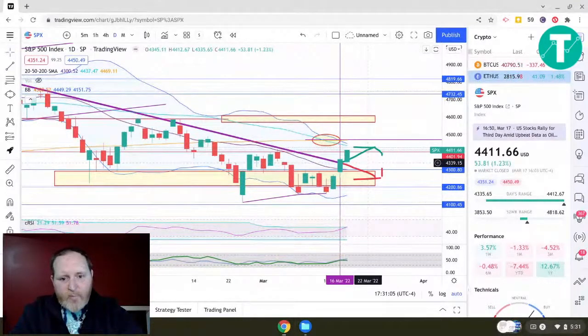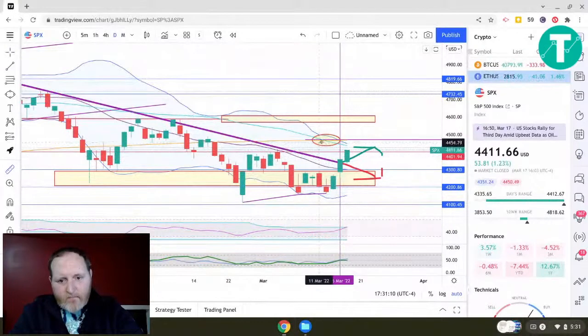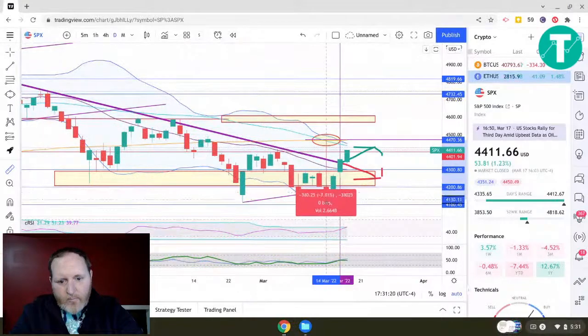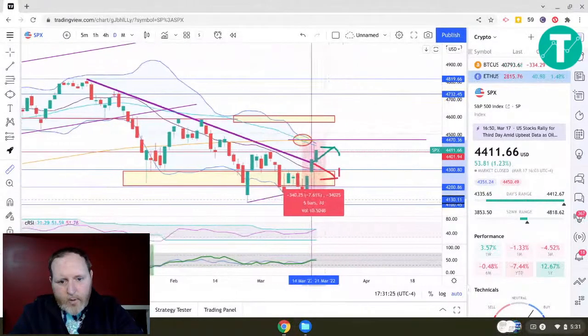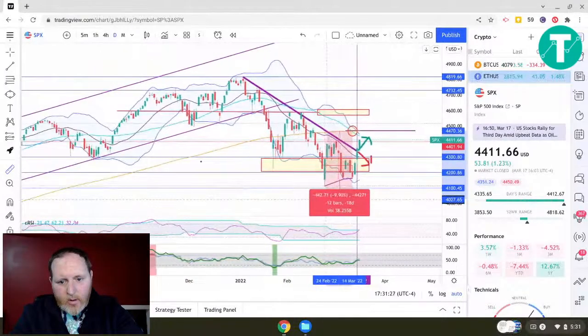Here's another important area. If I measure from this death cross right here on the 14th down to where price action is on the 14th, hold on, here we go.